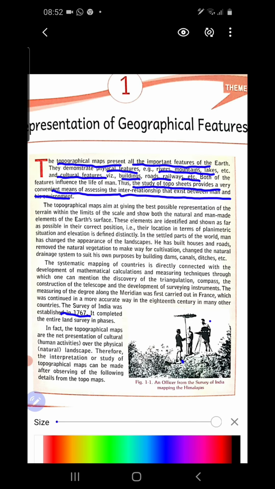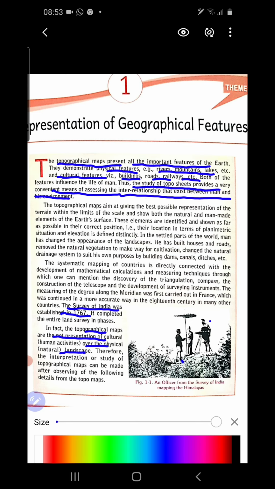So they established the Survey of India in 1767, and they completed the survey of the entire landscape of India in different phases. So the topographical maps are the presentation of cultural features over the physical landscape.